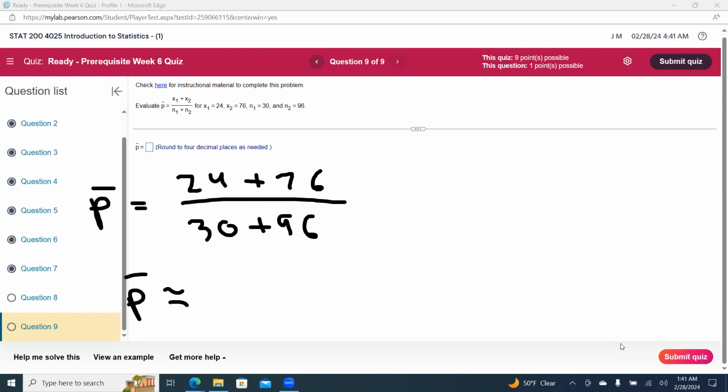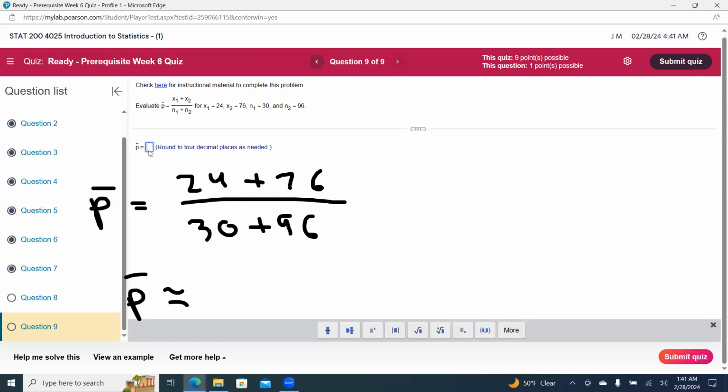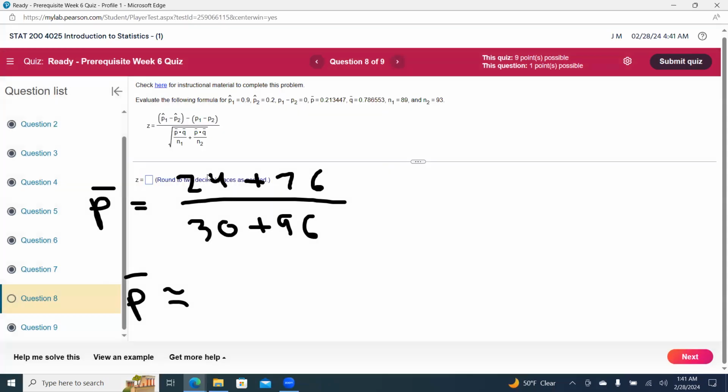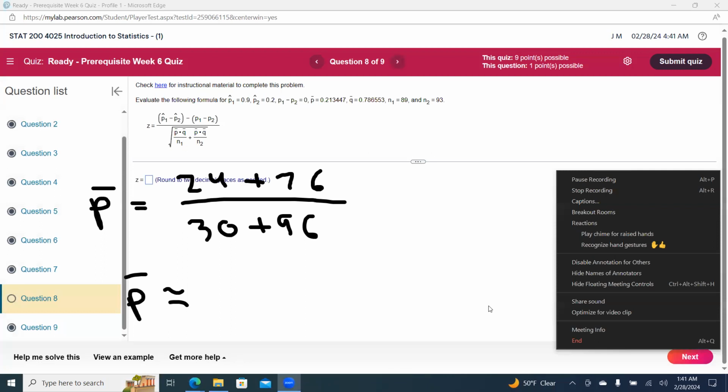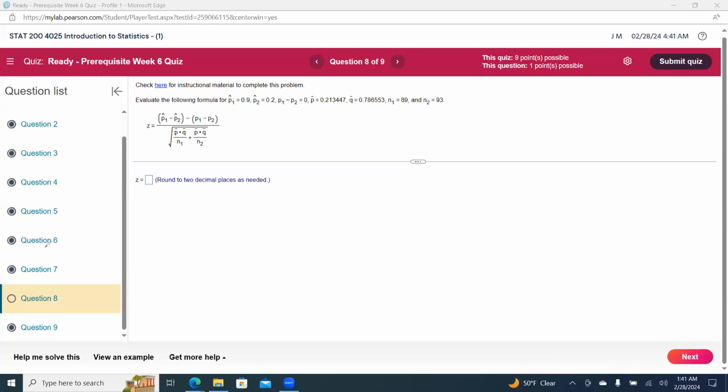Plus 76 divided by, I say 90, is that 126? Okay. So we're going to have 0.7937. Okay, so we have this here.